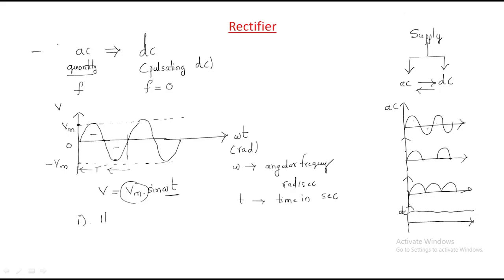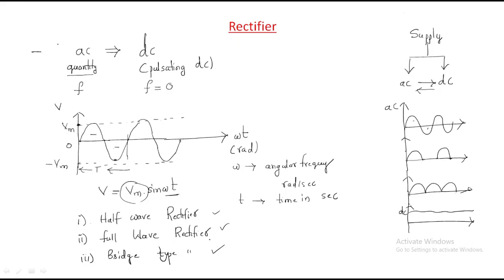The first is the half wave rectifier, the second is the full wave rectifier, and the third is the bridge type rectifier. There are more rectifiers, but in our syllabus these three are enough to understand rectifiers.